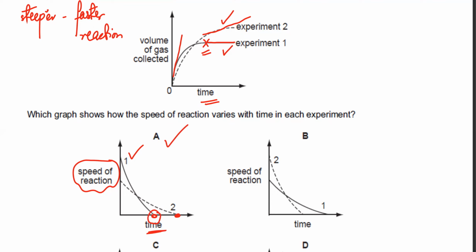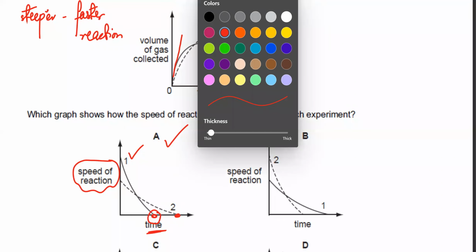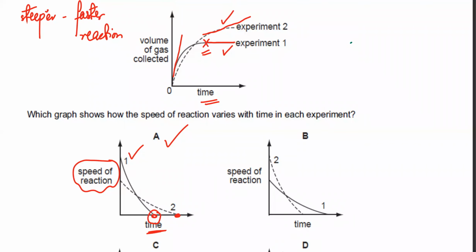Sir, could you repeat it one more time? First thing, initially who's fast? Right at the beginning, it's experiment 1, right? Yes, sir. So you're plotting the speed. Experiment number 2 is slower, because the curve is a lot steeper for experiment number 1.